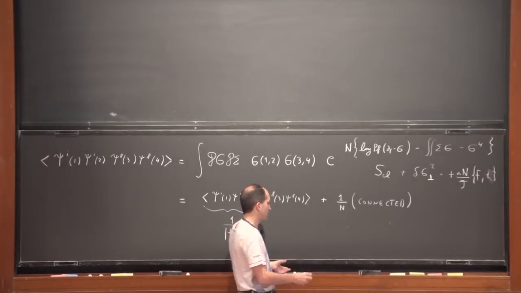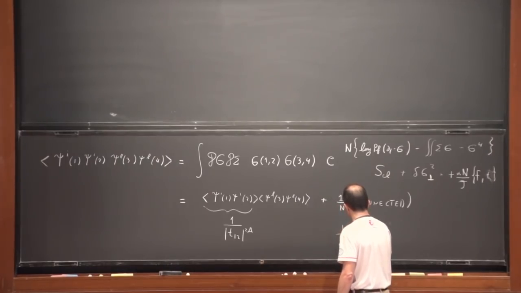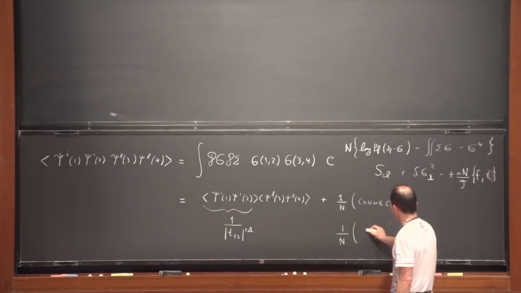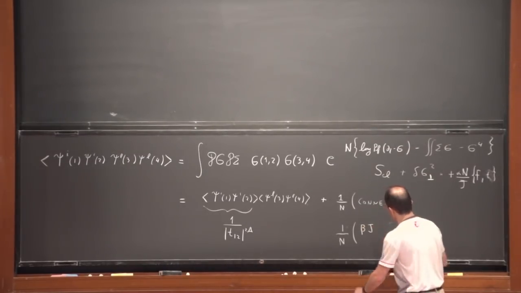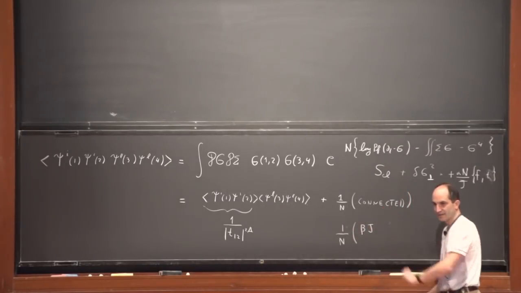And so at low energies, we'll have a piece that is enhanced by a factor of, let's say, beta j, or this could be some time scale, for example, beta.